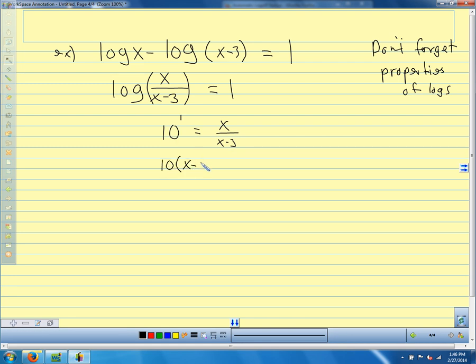So 10 times x minus 3 equals x. 10x minus 30 equals x, and I can solve this, and I end up with x equals 10/3 for my answer. So when you're working on these logarithmic equations, don't forget our properties of logarithms, because they can help you solve these equations sometimes. They can simplify your work, or even make it possible to solve the equation.